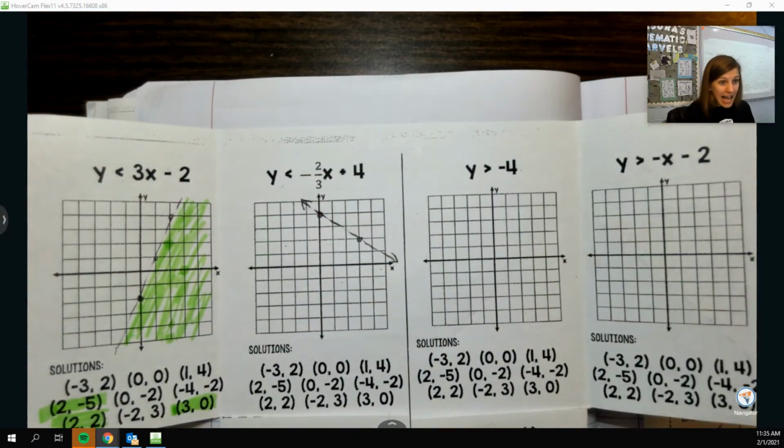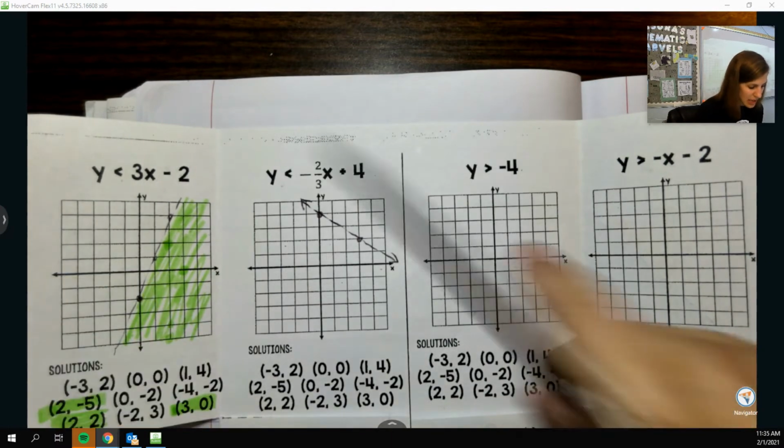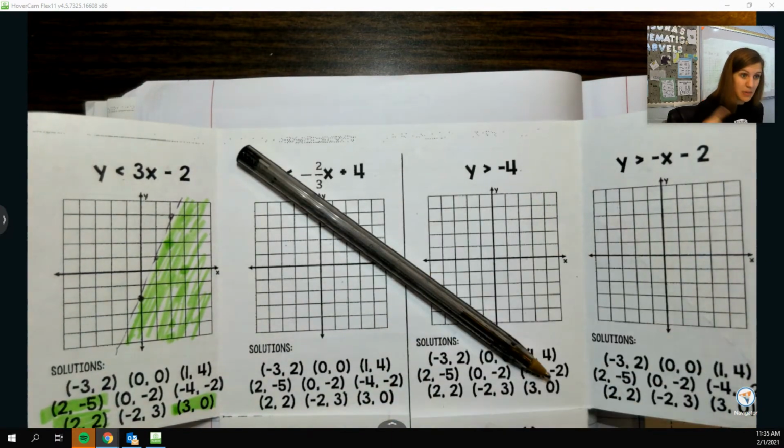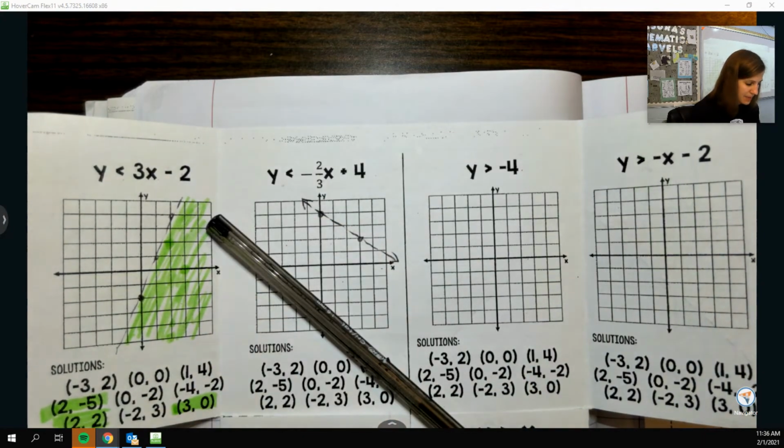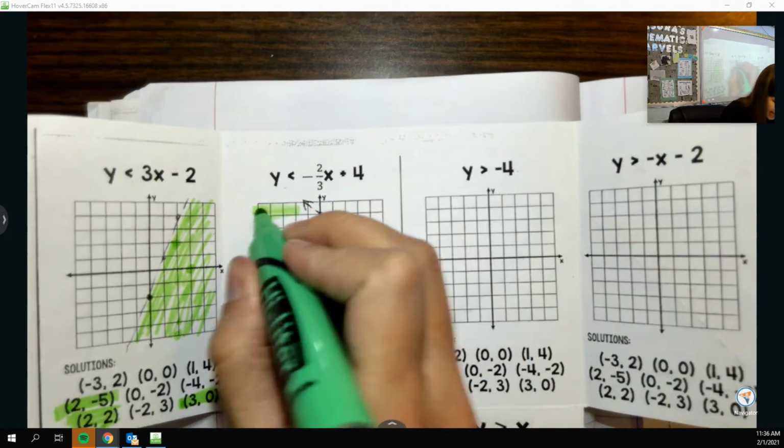And it's less. So sometimes what I'll do, guys, is put my pencil down, because to be less, I have to be below. So I have to move my pen down. So that's all this stuff that's less.